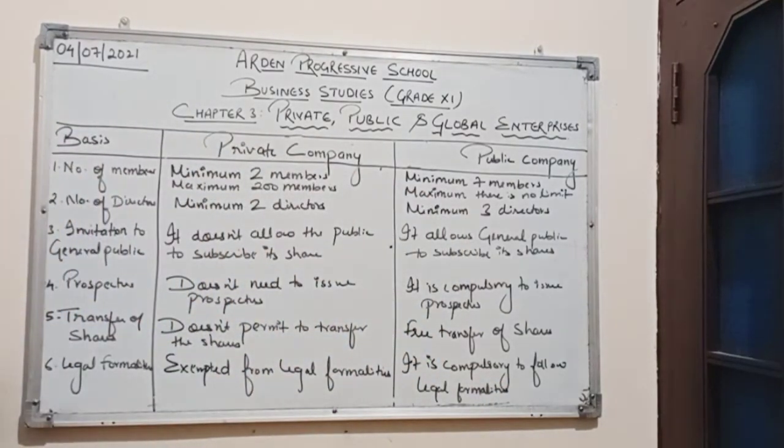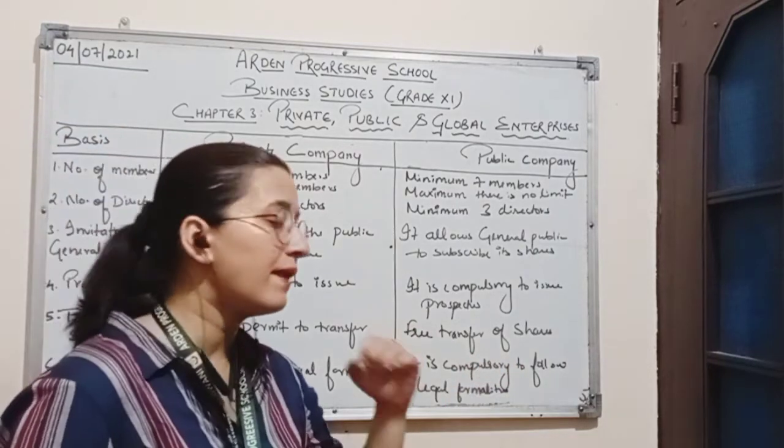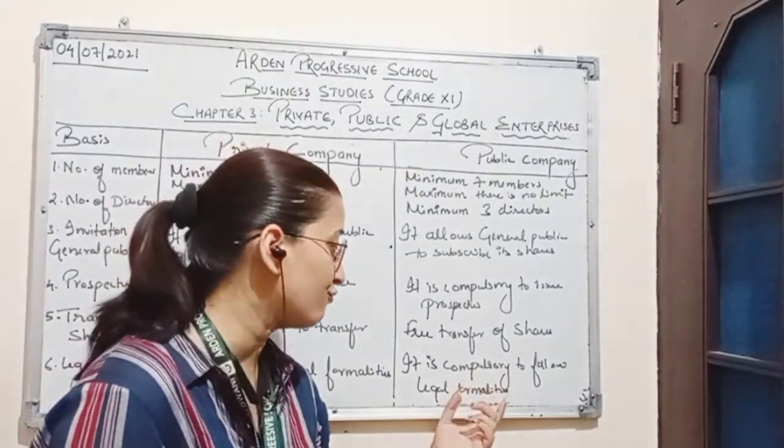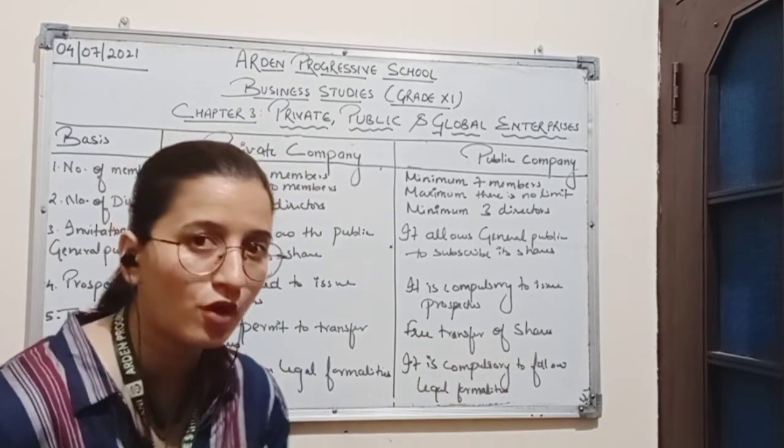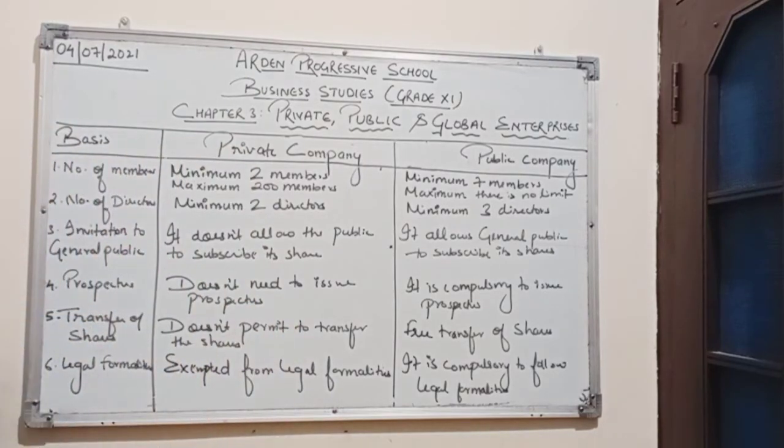So to form a private company, it is not necessary to follow legal formalities; without legal formalities a private company can form, whereas in a public company it is necessary to follow legal formalities so that the public company can be formed. So these were some differences between the private company and public company.